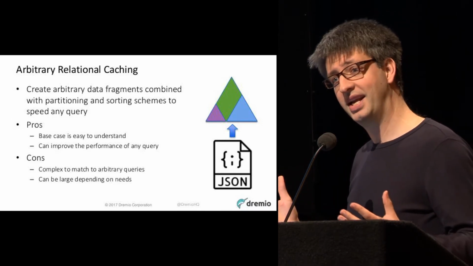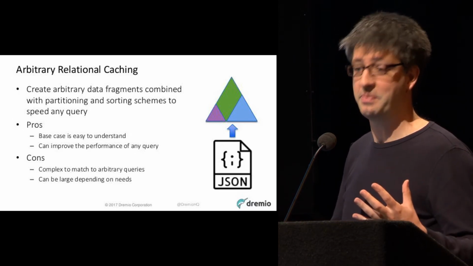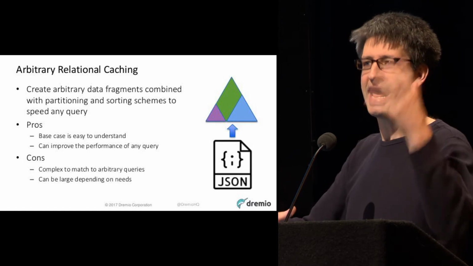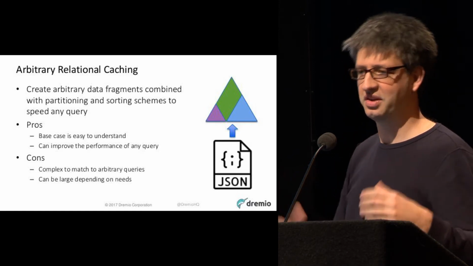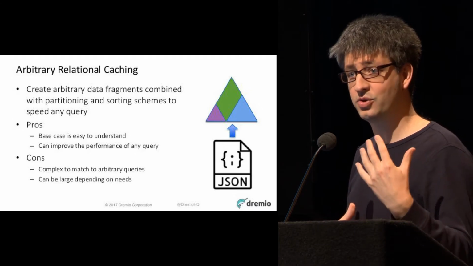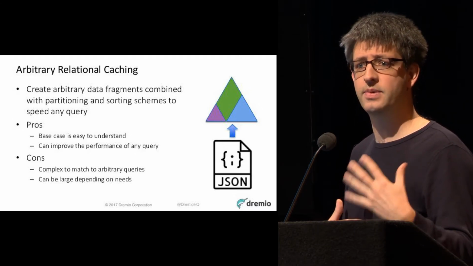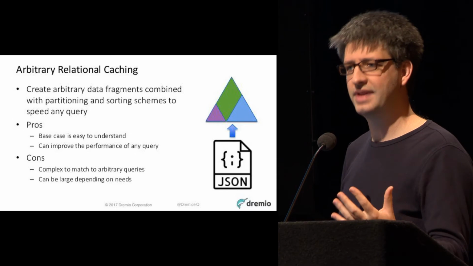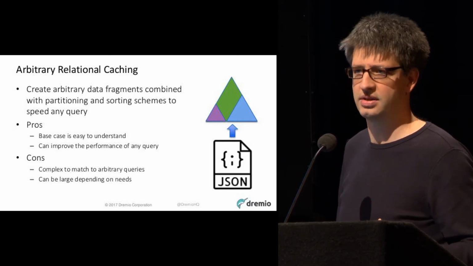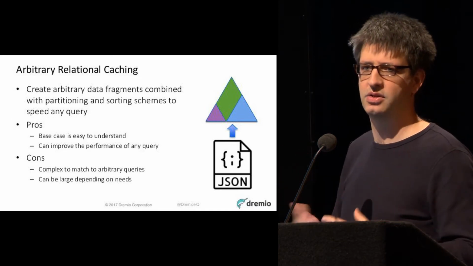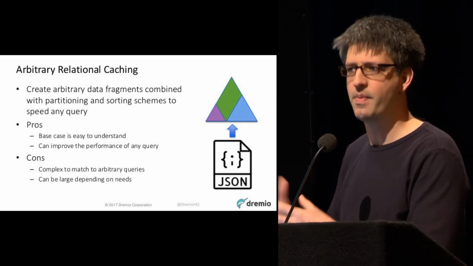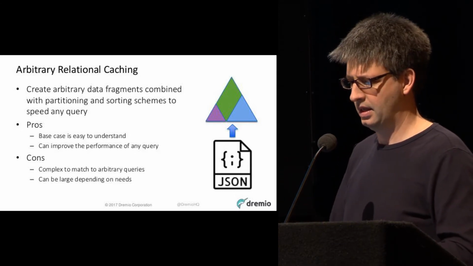Queries are very complicated, and there are lots of different ways they can be patterned, so being able to recognize that this is roughly the same as, or can be replaced with, this is a fairly complicated problem. The other thing is that arbitrary caching can be large. An arbitrary cache could be a copy of the whole data set, and if I have a copy of the whole data set, of course I'm paying twice the storage cost. But it does allow you to fit your caching to a particular business use case, no matter what the pattern is.